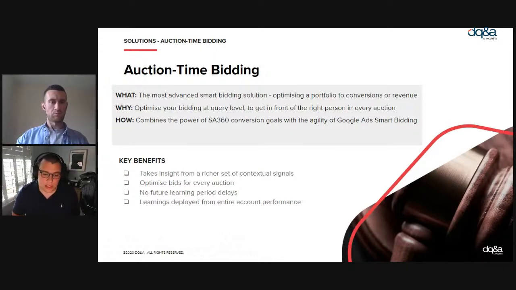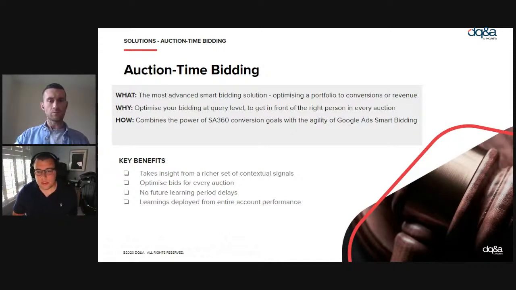What browser they're on, what connection type they're on, is it Wi-Fi, is it a LAN cable, is it fast, is it slow? Over 100 different additional signals are available in auction time bidding strategies. They can infer whether a click is going to be more or less valuable, and you can calculate that at the auction level, or rather the system does that on your behalf.